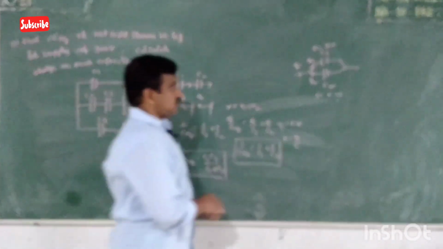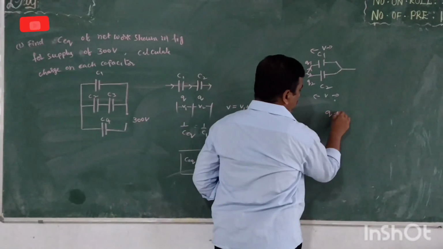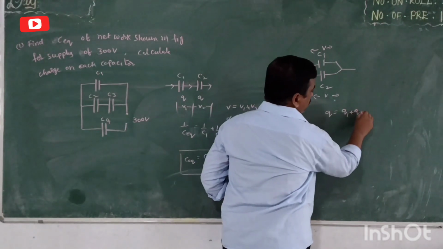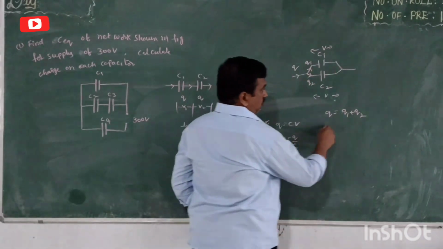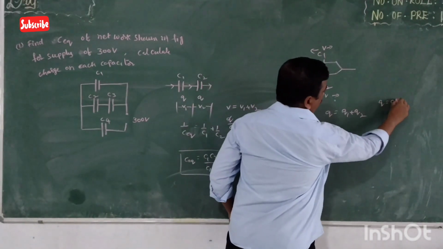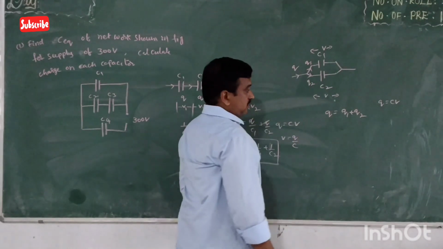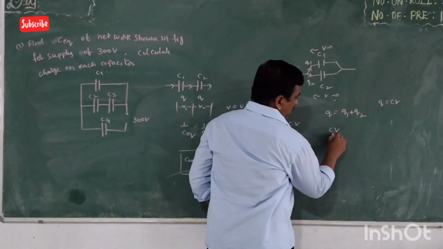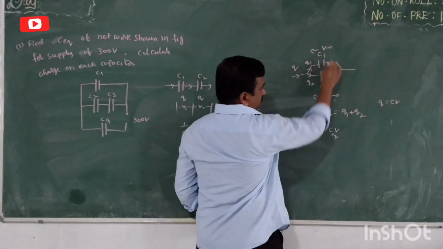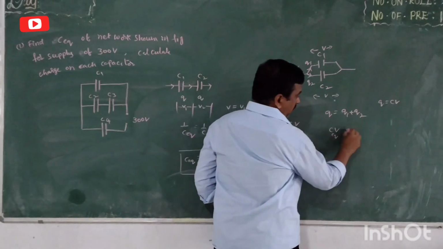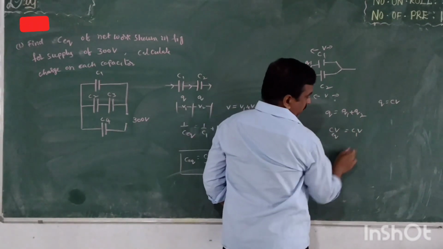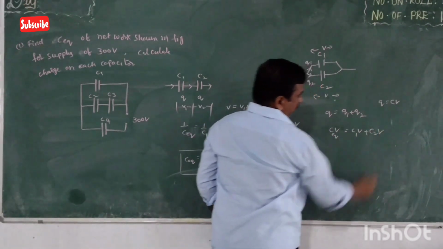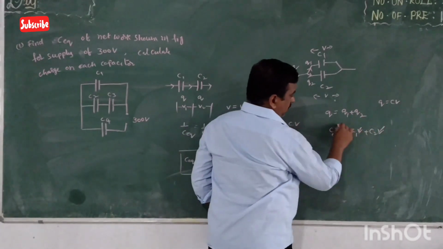So in this case, charge Q equals Q1 plus Q2. Q means CV, capacitance into potential. We can write C equivalent V equals C1 V plus C2 V, and V is common and cancels. What do we get?